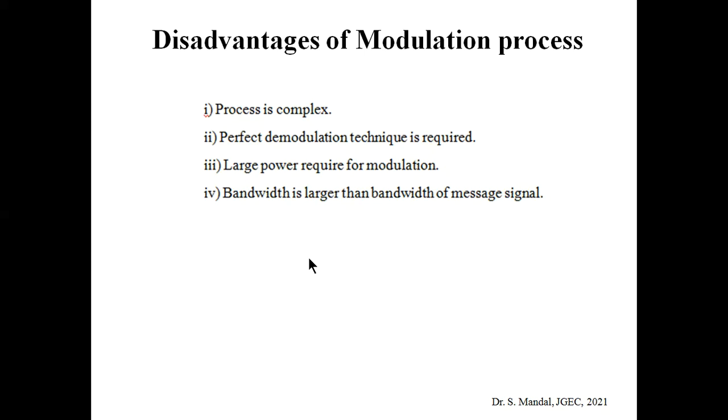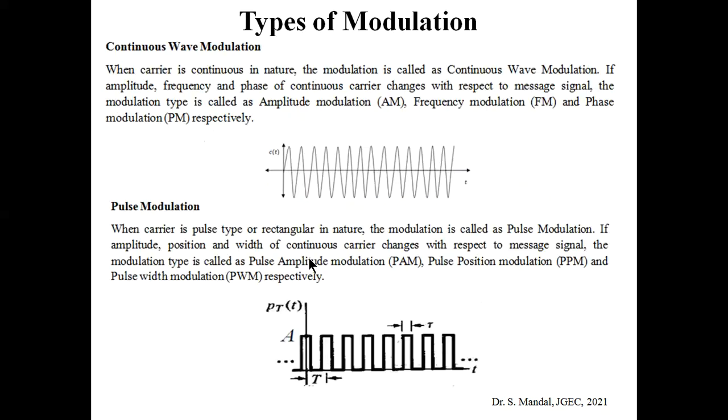And again the bandwidth requirement: the bandwidth becomes larger in the modulation process. How the bandwidth increases can be explained by observing the frequency response or spectrum of the modulated wave, which can be shown later. So right now just remember all these 4 points, which are the disadvantages of the modulation process.